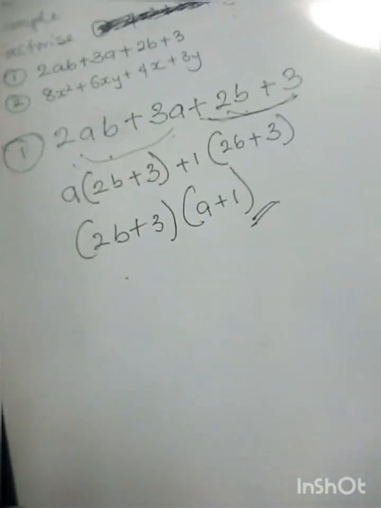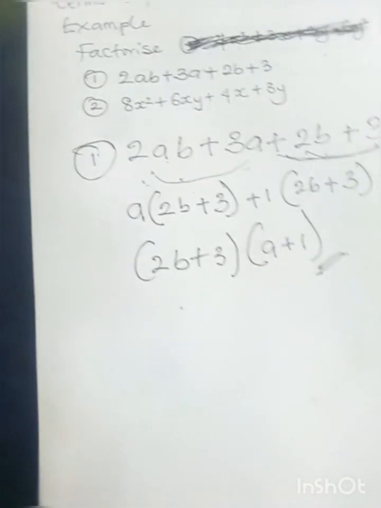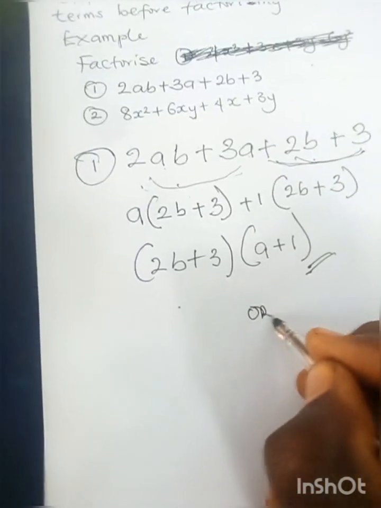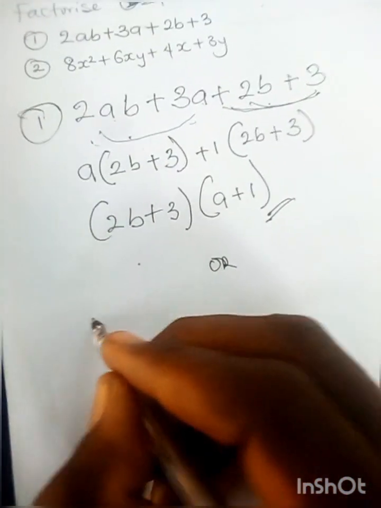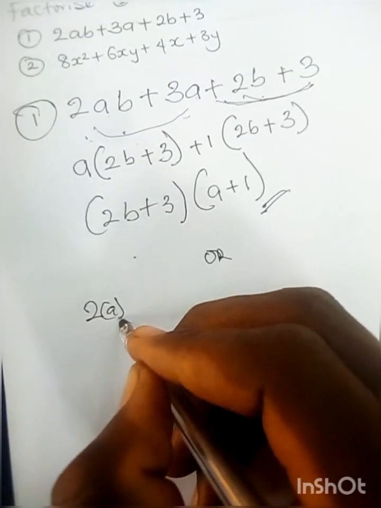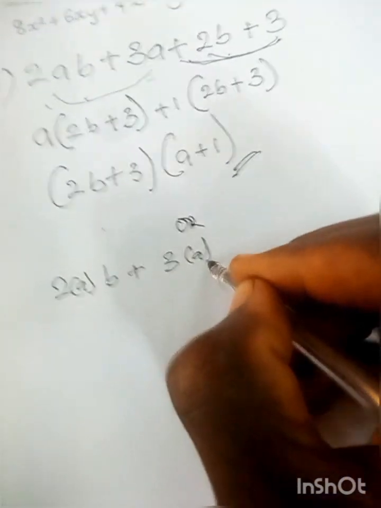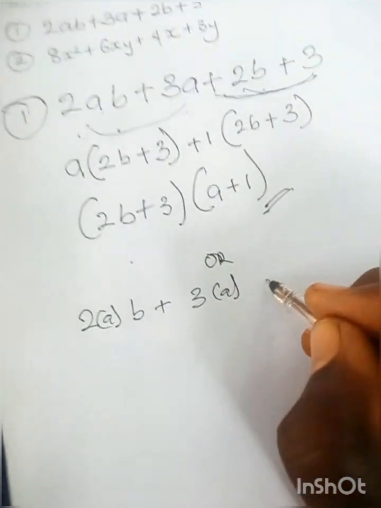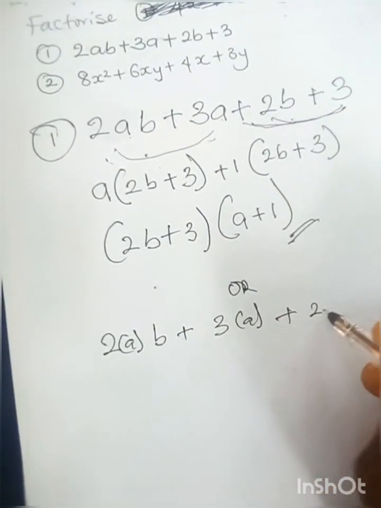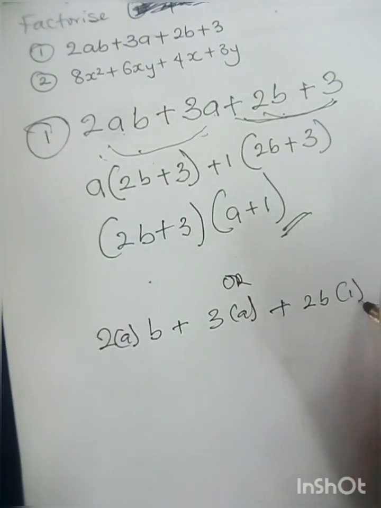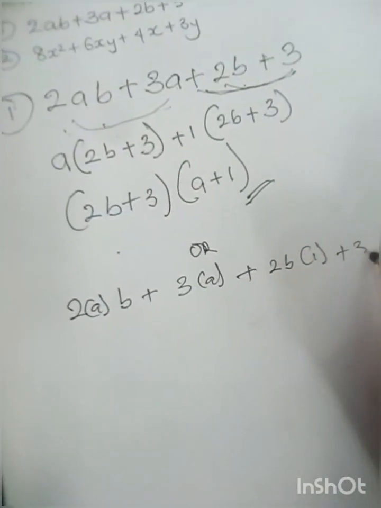Or I believe maybe if you don't understand, let's break it down by saying they have here a, which is the common value, 2b plus 3, then plus 2b common value is 1, plus 3 common value is 1.